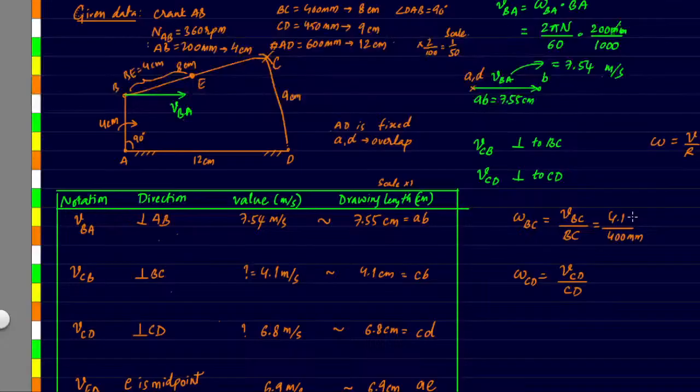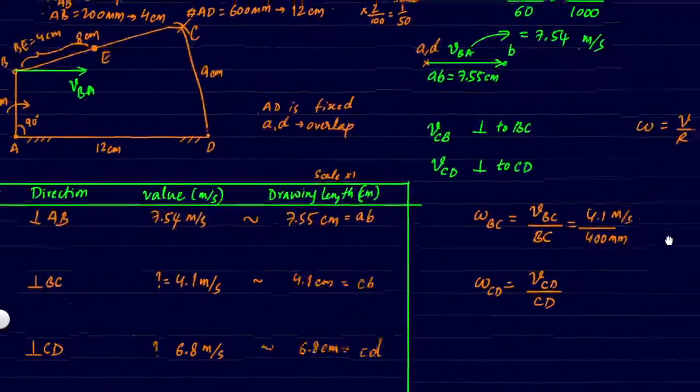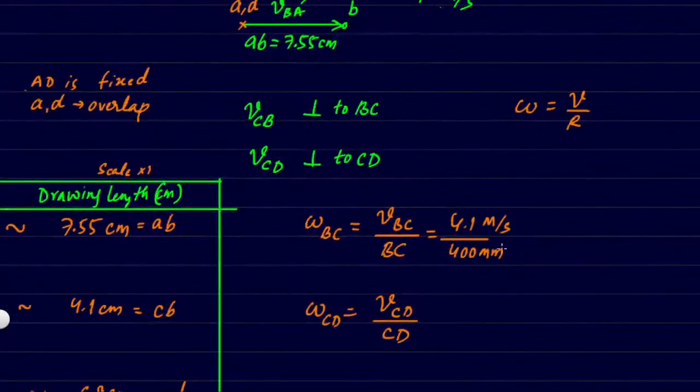Okay. So this one is in meters per second. Here meter and meter will cancel, and we are just left with milli. So 4.1 divided by 400 into milli, and milli we know is 10 power minus 3, and we will get it in radians per second.